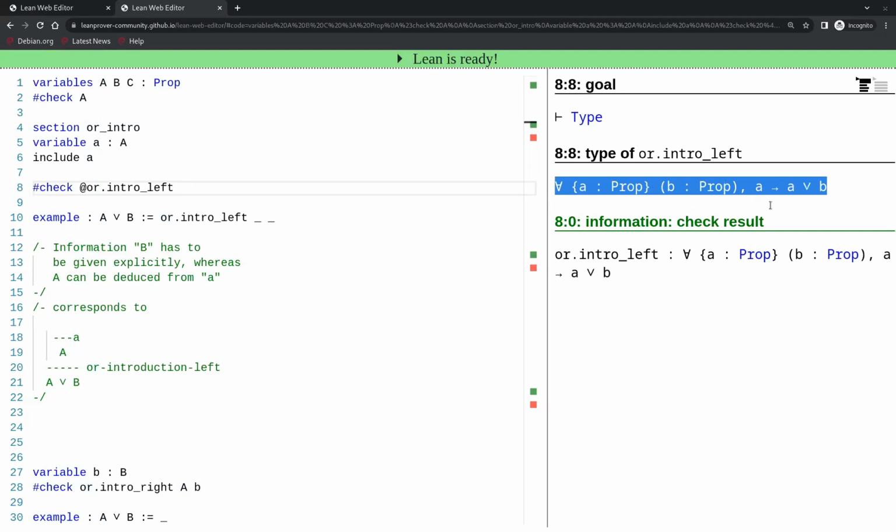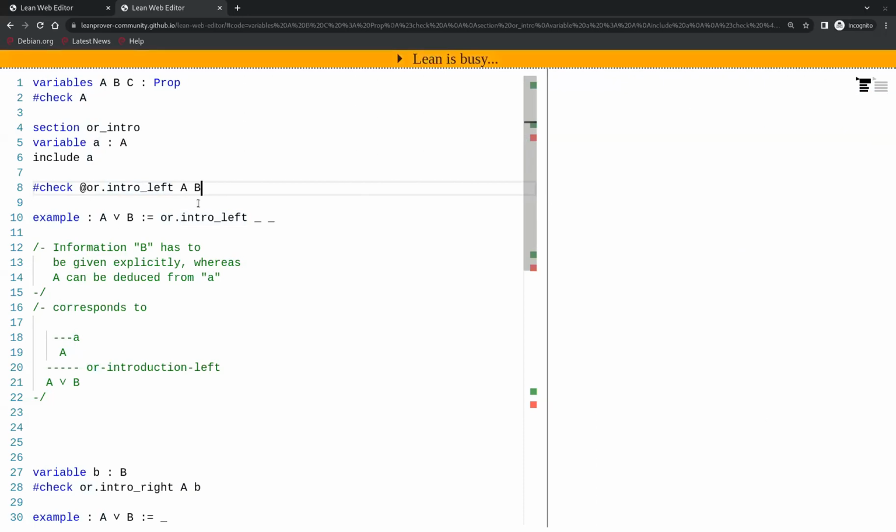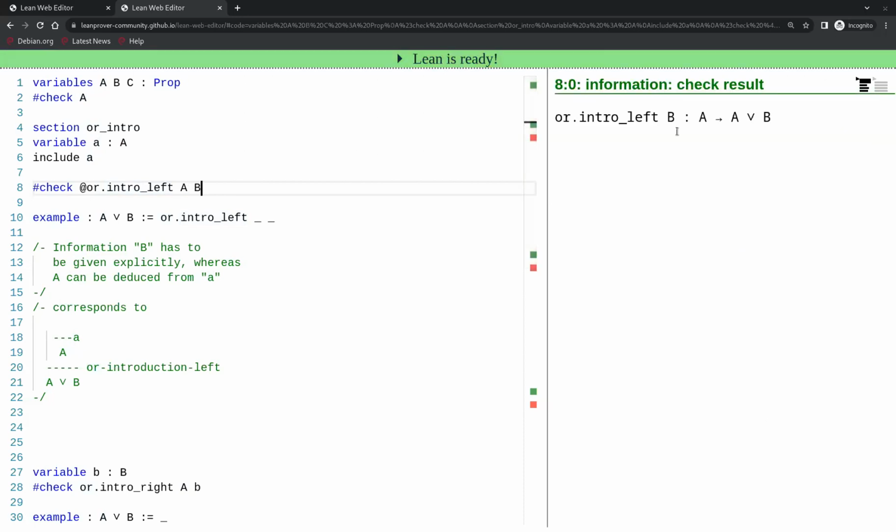It takes, for any propositions A and B, a proof of the proposition A and returns a proof of the proposition A or B. So if we apply it to A and B, we get a function that, given a proof of proposition A, returns a proof of the proposition A or B.